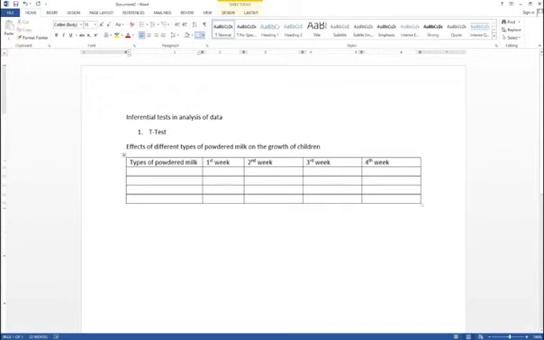We have Nido, let's give it N. We have Peak, P. We have Cowbell, C. And then we have mother's milk, breast milk. The breast milk here is going to serve as our control.